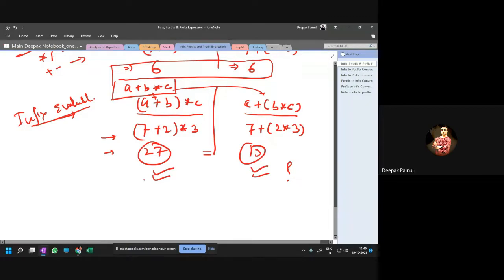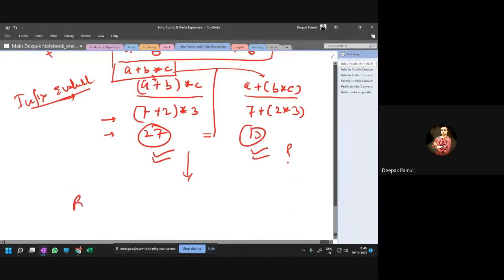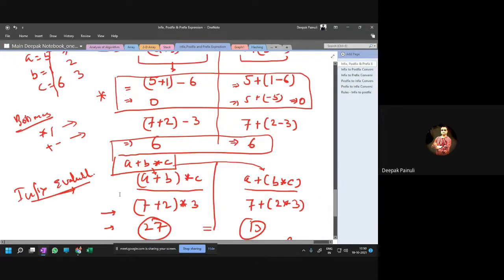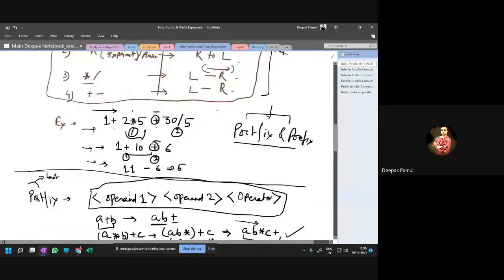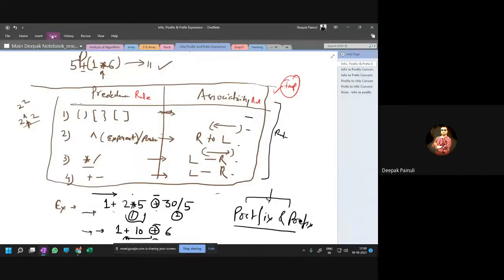So for that, we have some precedence rules and associativity rules if we want to evaluate any expression correctly. So what are those rules? Those rules are defined here. You can see them on the screen.